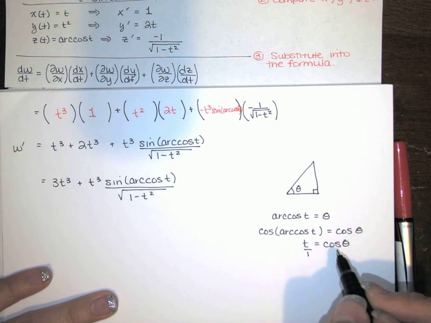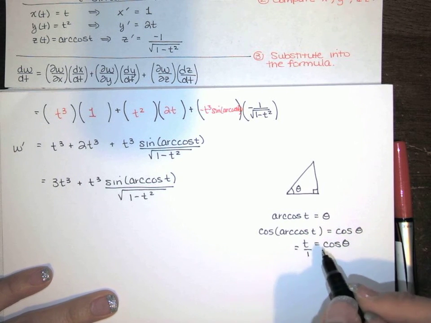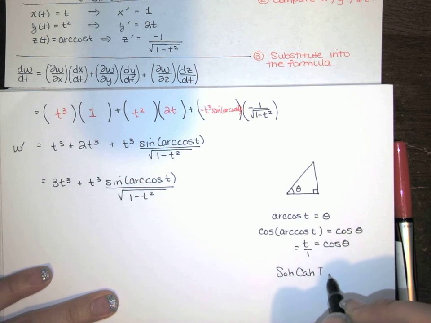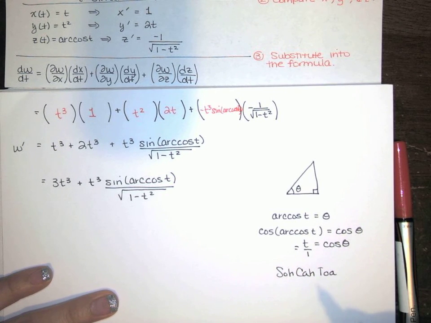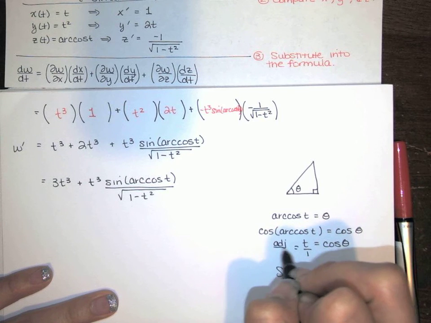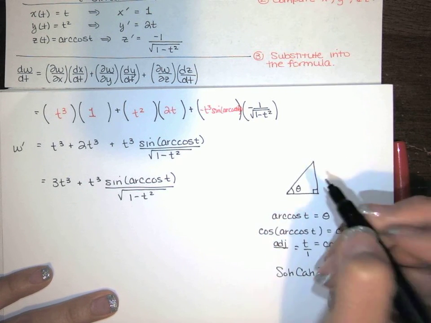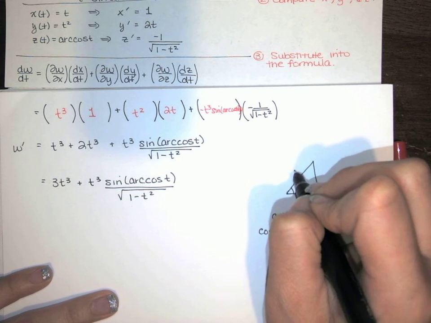So cosine of theta, which we know from SOHCAHTOA is adjacent over hypotenuse, has to be t over 1. So that ratio of the adjacent side to the hypotenuse is t divided by 1.